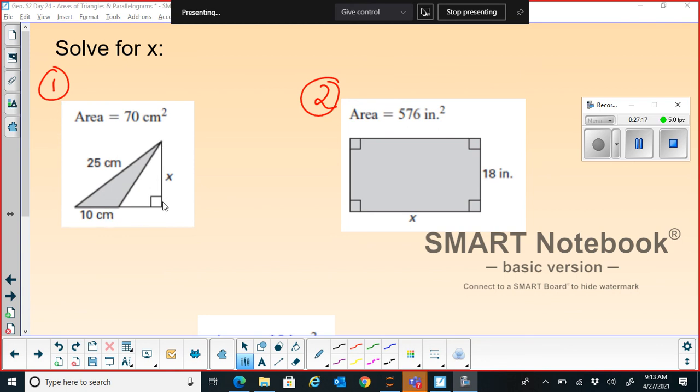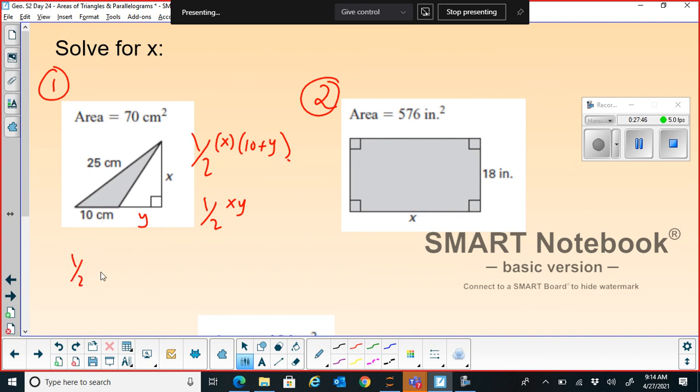If I call this portion as y, to find the area of the larger one, I'll have half of x times 10 plus y, and for the smaller one it is half of xy. Subtracting these two, I have been given it as 70 centimeters.